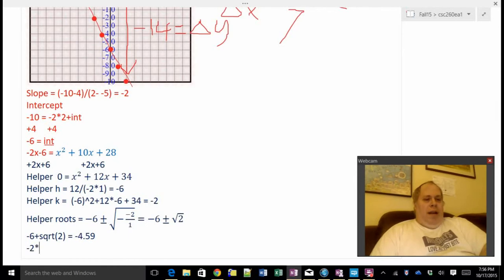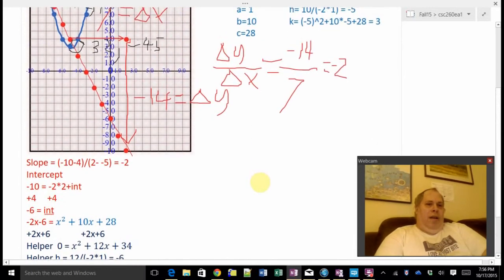So if I do negative 4.59 plus minus 6, that should equal 3.18. So it's telling me negative 4.59, comma, 3.18. Now, I already have a little check.